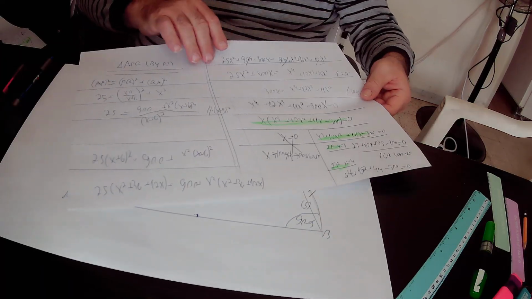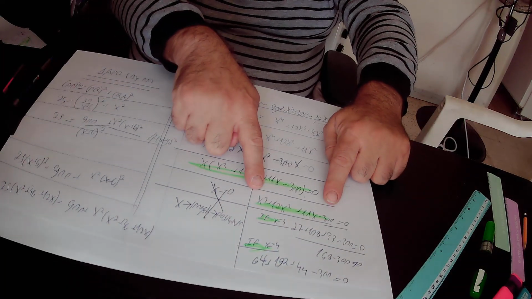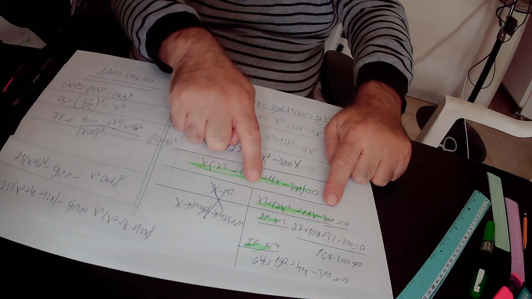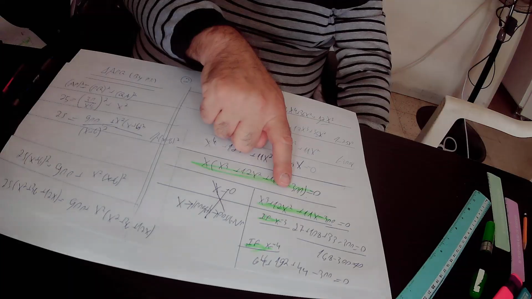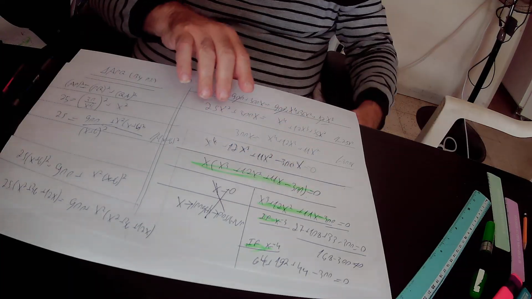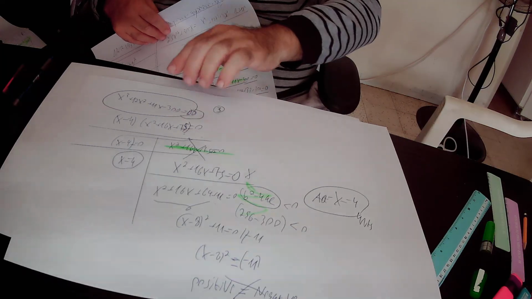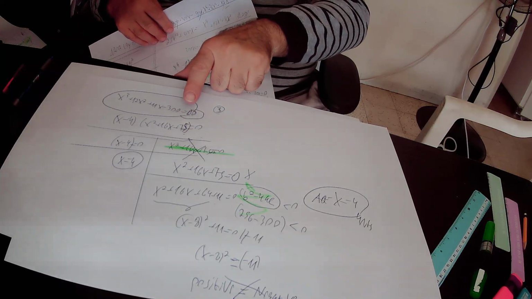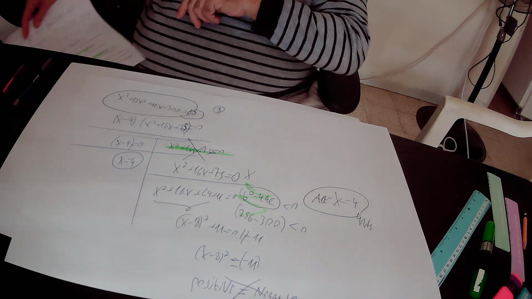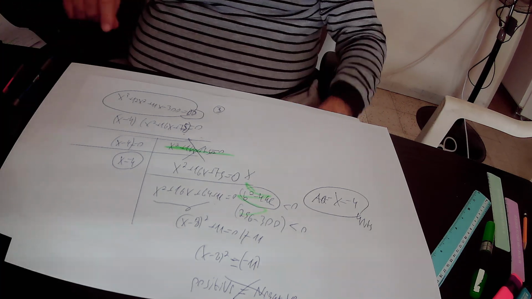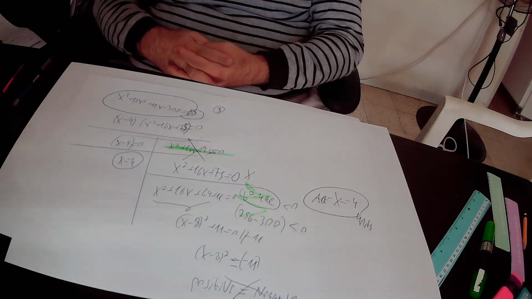Then we can present this expression in a different way. Actually, x cubed plus 12x squared plus 11x minus 300 equals x minus 4 times x squared plus 16x plus 75. Those two expressions are identical, they just have two forms.